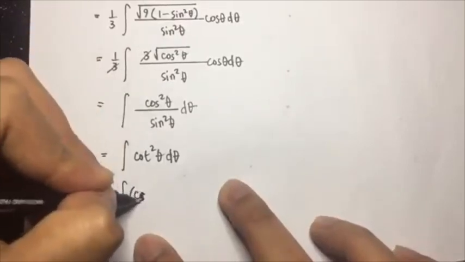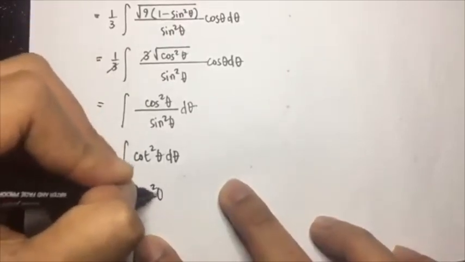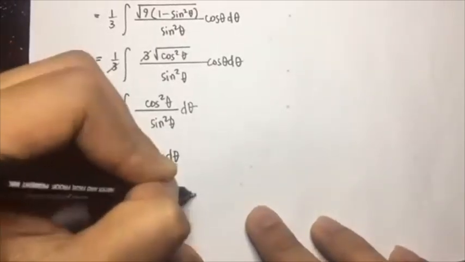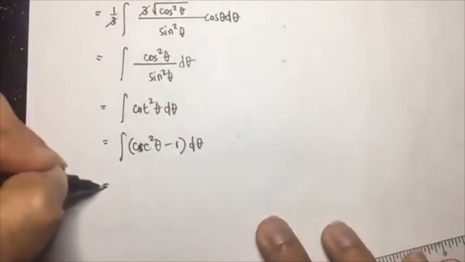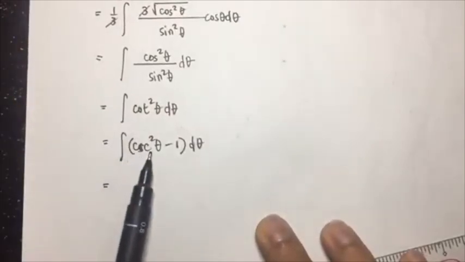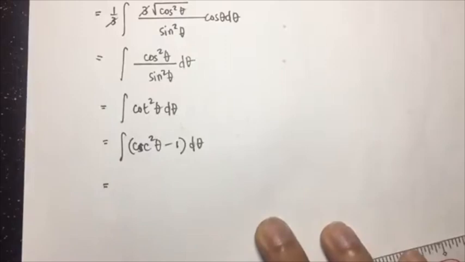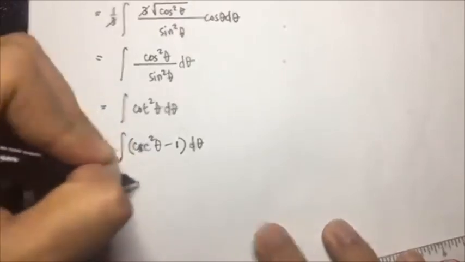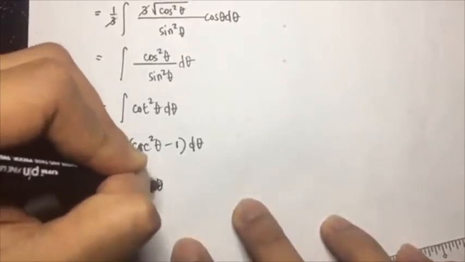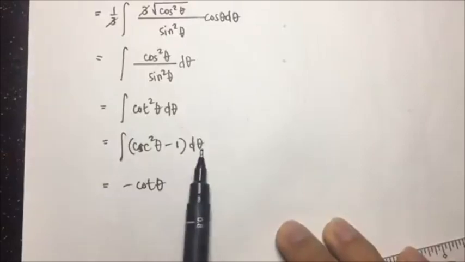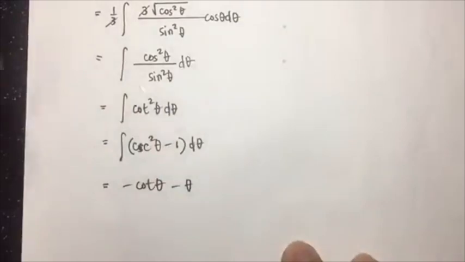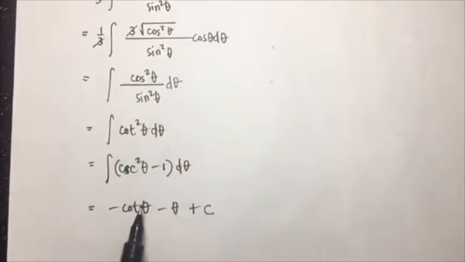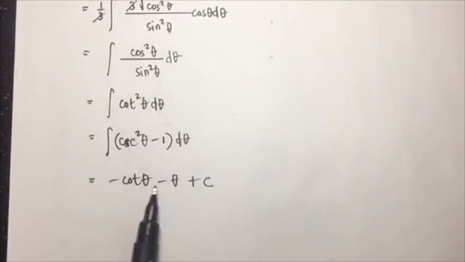The integral of cosecant squared theta is negative cotangent theta, minus the integral of d theta, which is theta, plus c. Our integrand is now in terms of theta.